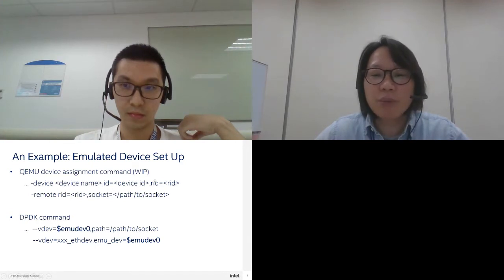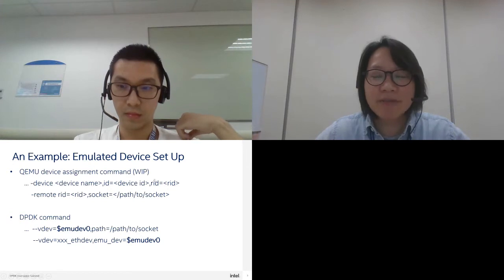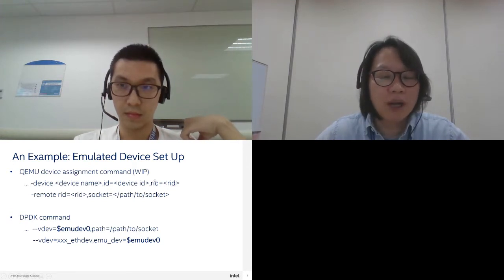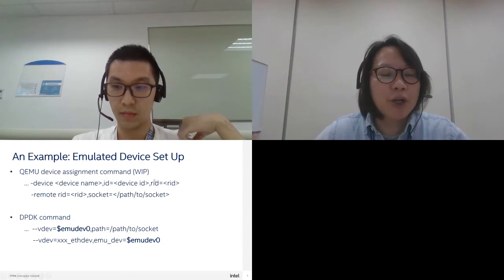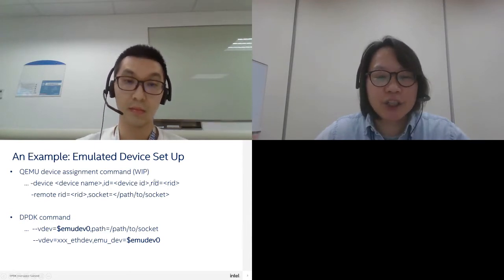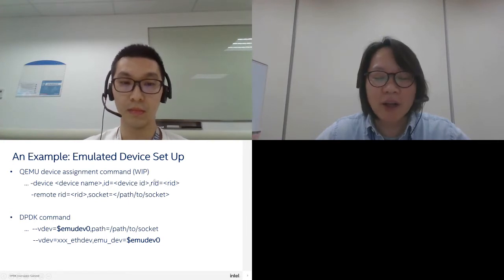Actually, here the remote process is a device emulation process. For the remote process, it has socket address information, since the QEMU process needs to use sockets to communicate with the device emulation process.